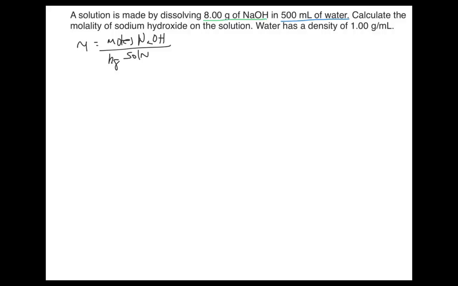So let's start first by calculating the moles of sodium hydroxide. How can we calculate that? We have here 8.0 grams of sodium hydroxide, and to change the units from grams to moles, we need the molar mass of sodium hydroxide.